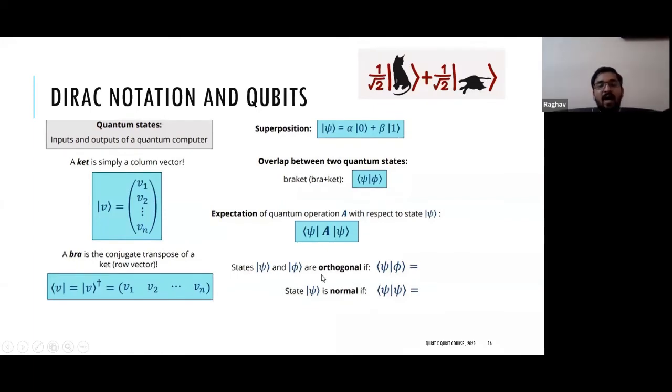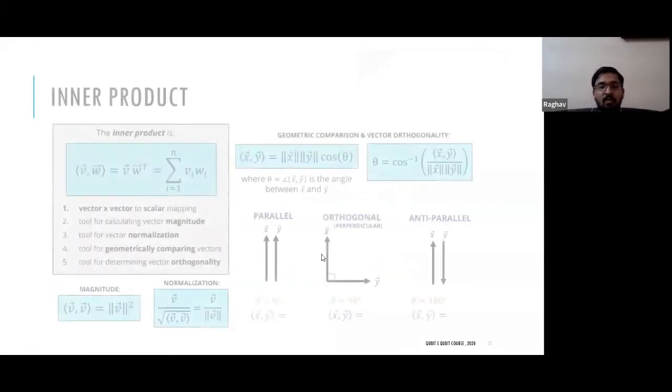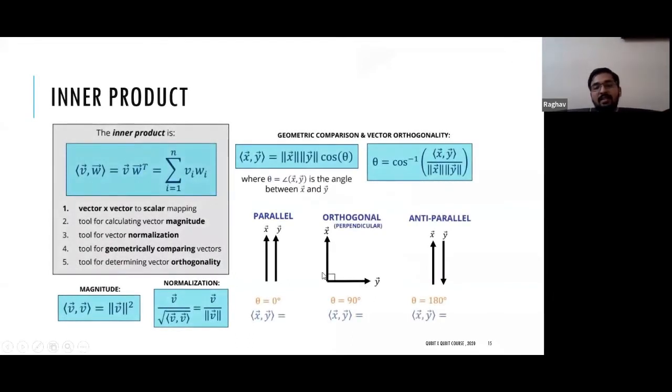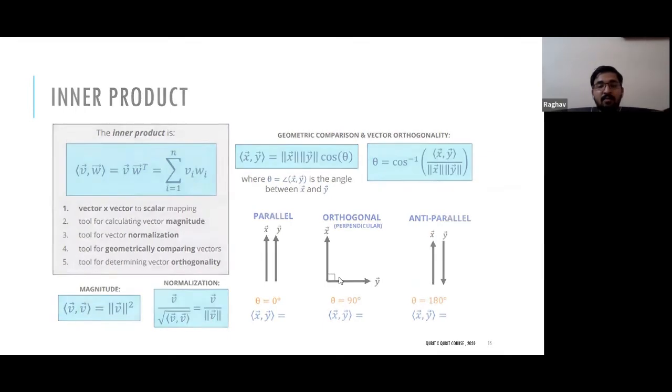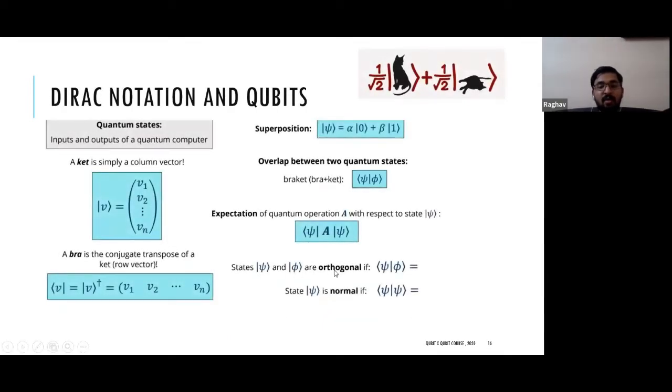So I discussed earlier that when two vectors are perpendicular or orthogonal, their inner product is 0. So the inner product of two quantum states is 0 when they are orthogonal. And when they are normal, here normal means normalized, so the mode of that vector is 1.